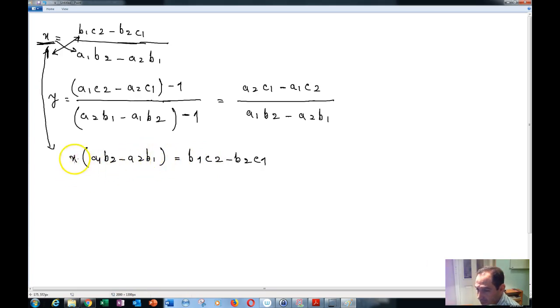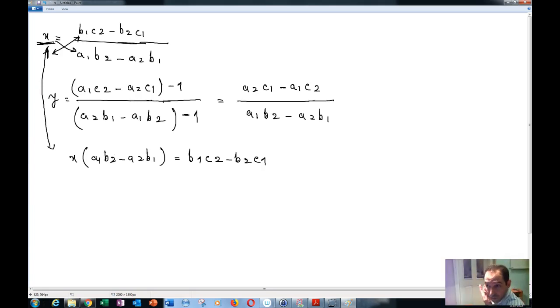Okay, and then if you divide x by this whole expression, of course what I'm doing here is going to make sense to you when we get to the end of it, but 1 over a1 b2 minus a2 b1.